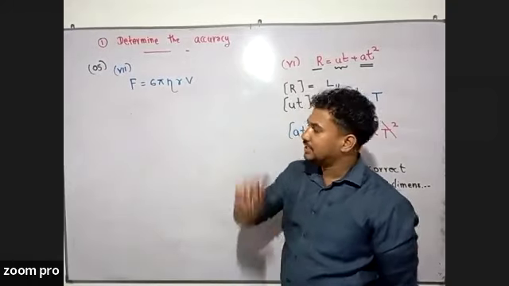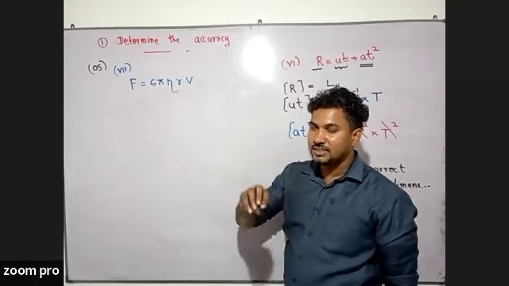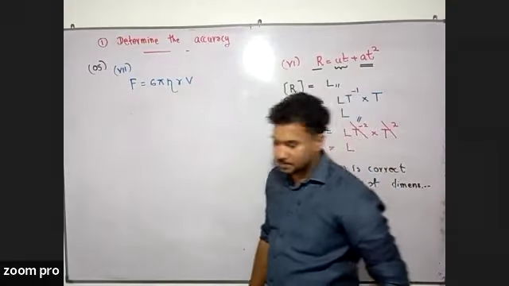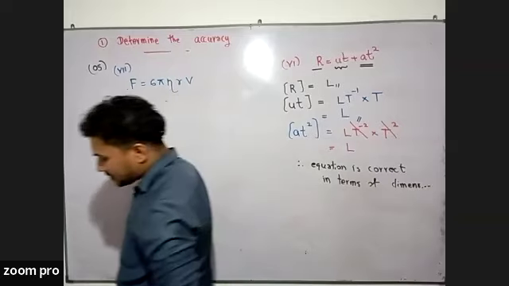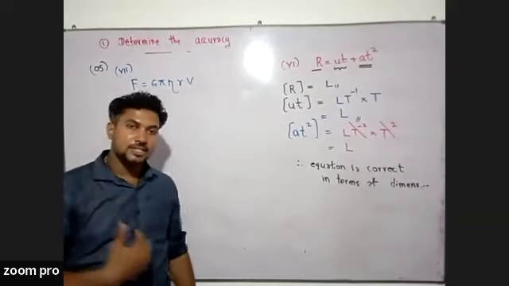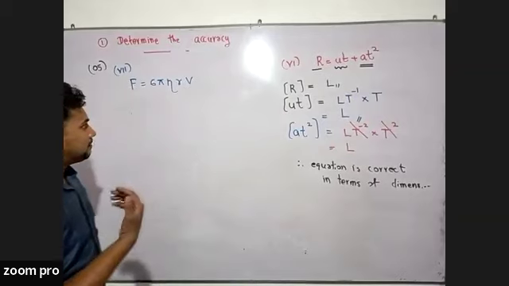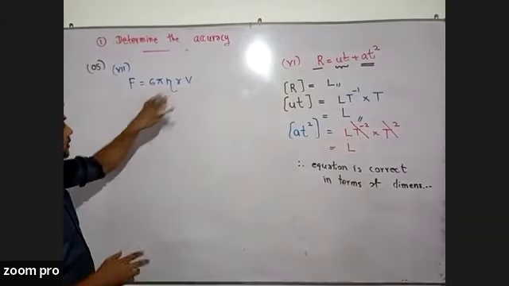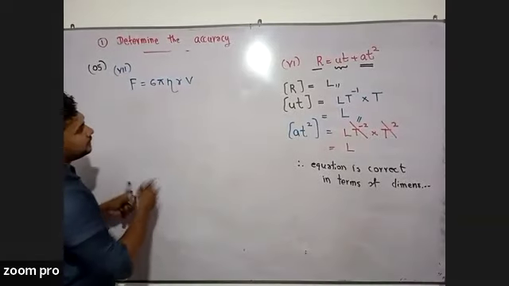I have told you that it's better to have an idea about the dimensions and the units of the coefficient of viscosity. I have told you some small trick to obtain the dimension of eta. What is the way?